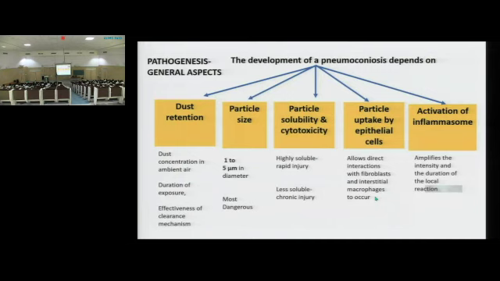So we see normally there are particles in the environment. What we breathe also, there are numerous particles. Normally everybody inhales, but not everyone will get the pneumoconiosis or lung pathological disorders, these interstitial diseases. So there is some aspect of genetic susceptibility also. That is one part.